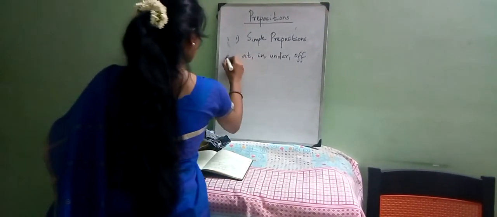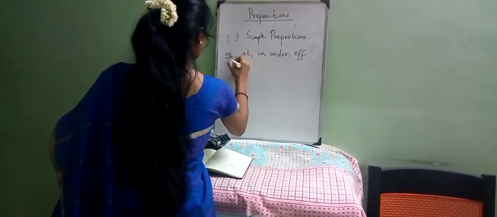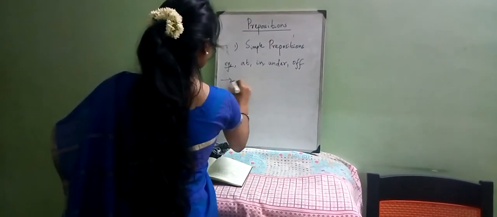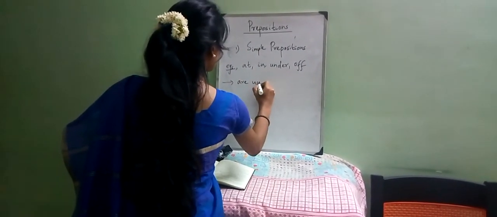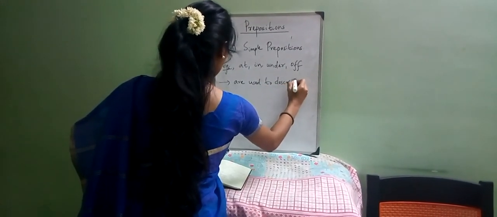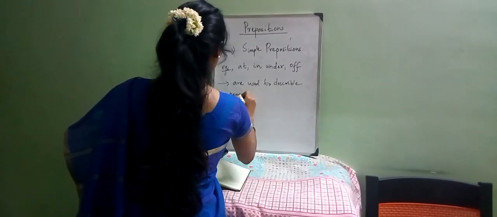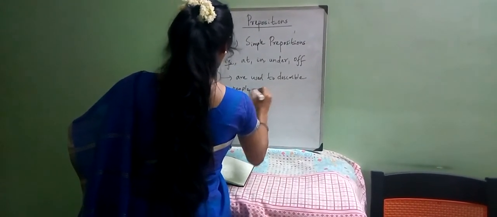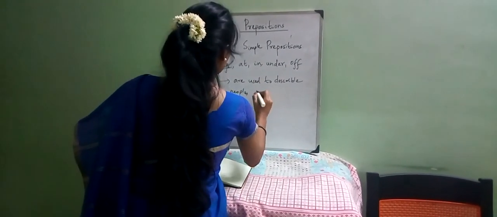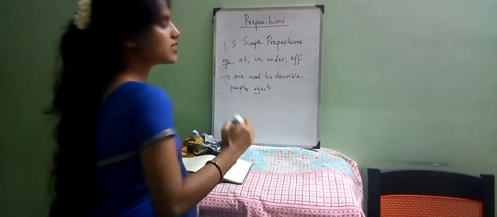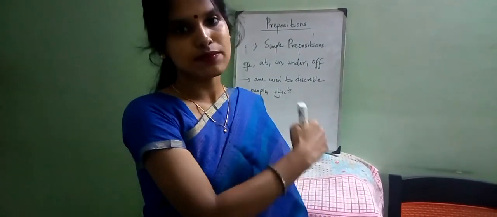Okay, these simple prepositions are used to describe people, and also objects. These are used to describe the people, objects. That's why we use these simple prepositions.